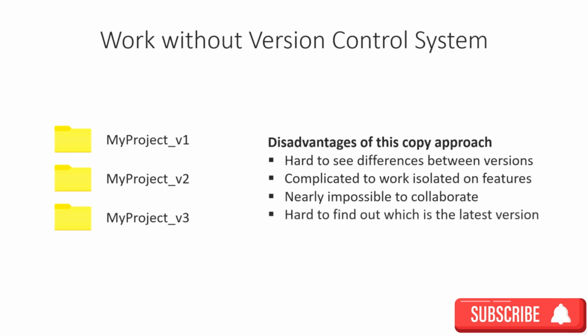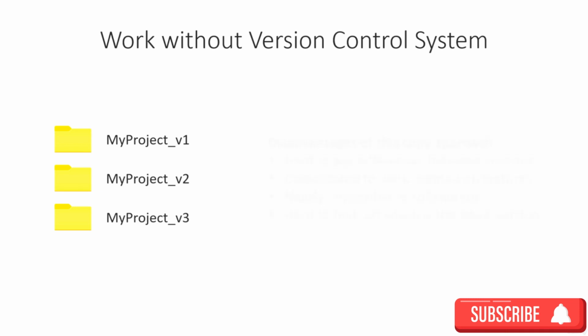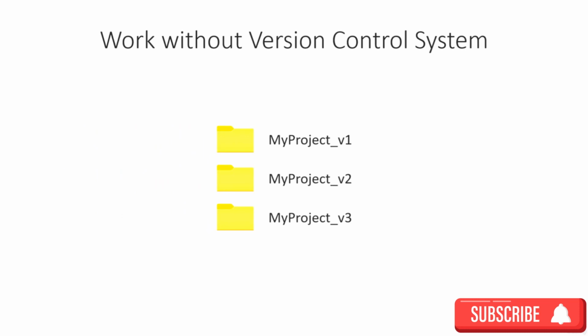Also, sometimes it is hard to find out which is actually the latest version. I mean, here in this example, we have at least nicely named folders. But in the past, I have also seen people creating folder names like this. Here, it is super hard to know which is the latest version of your source code. Is it the folder new or is it the folder newer?